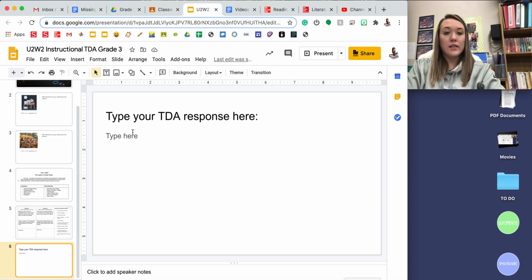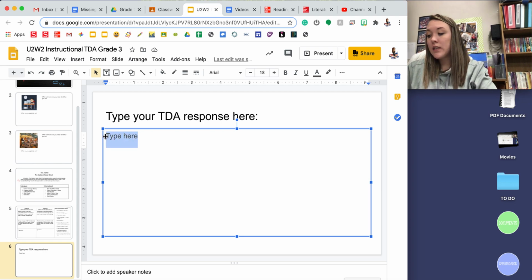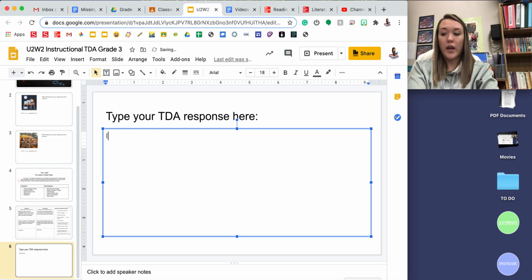So on slide 6, there's a bunch of room for you to type. And we always start our TDA response with restating the prompt, including our elements. So I am going to start this response by saying, in the story, The Castle on Hester Street.